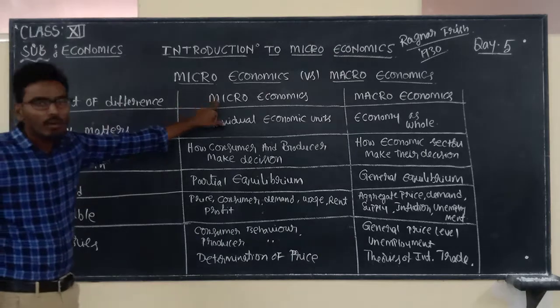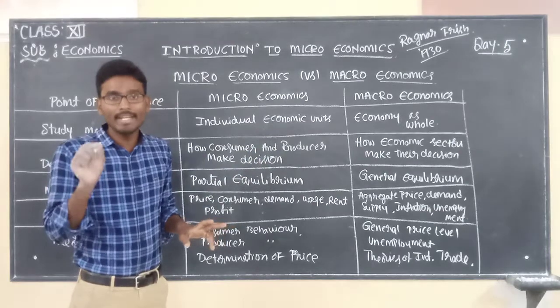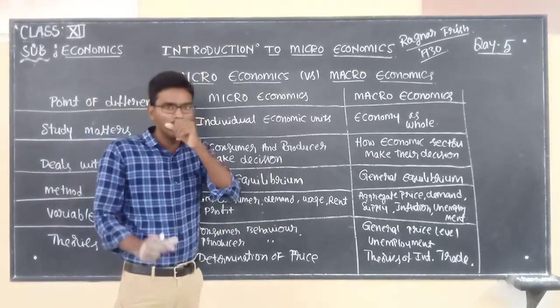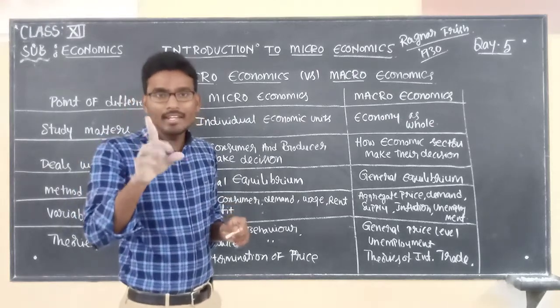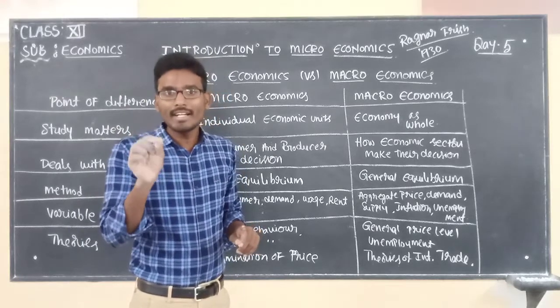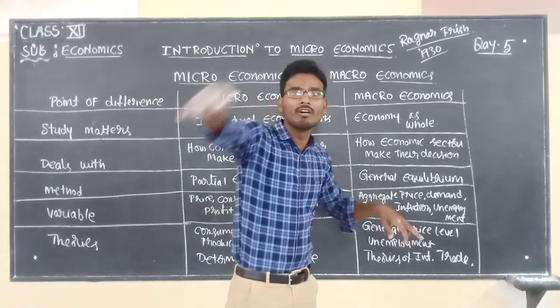Microeconomics deals with the individual economic units. Individual. See, I will give an example. Microeconomics deals with one tree in a forest. But macro deals with the economy as a whole.